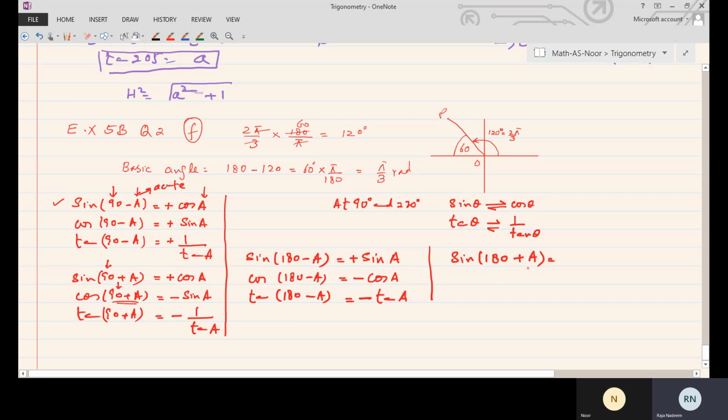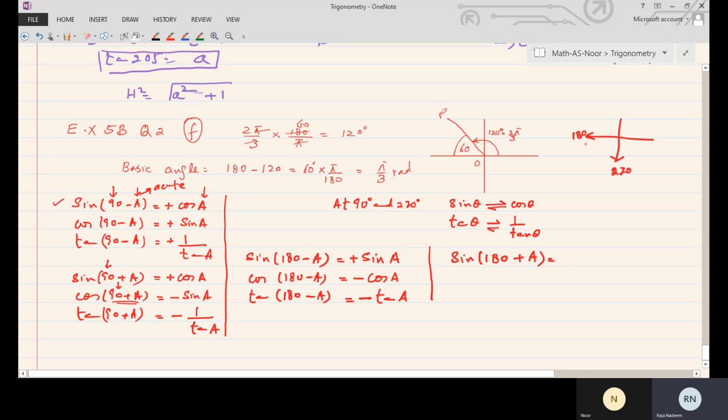when you add 10 to 180, you will move to the third quadrant. If you take A as 80, 80 is acute, and adding 80 to 180, you'll get 260, and 260 is less than 270. In the second quadrant your terminal line is 180, in the third quadrant your terminal line is 270.